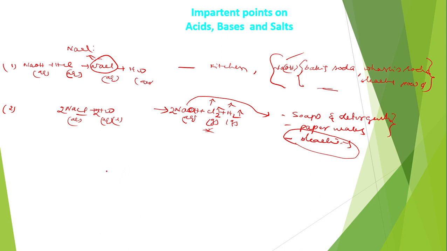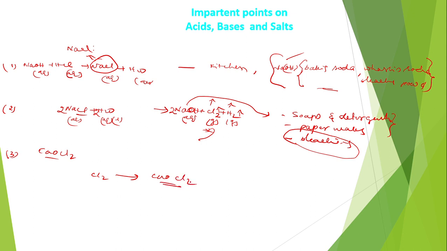Okay, now 3, that is bleaching powder, CaOCl2. How we are preparing? Take this Cl2. So what will you get? CaOCl2.